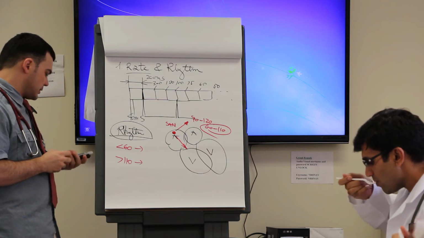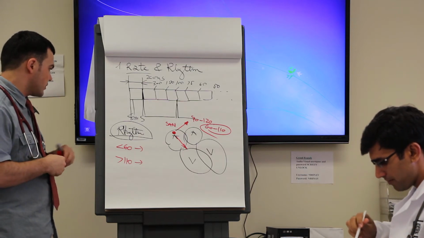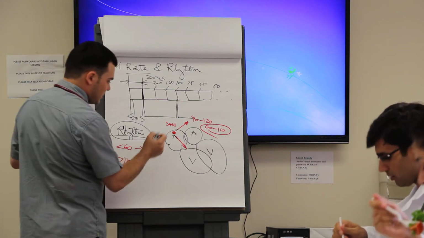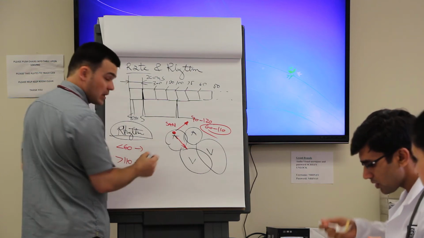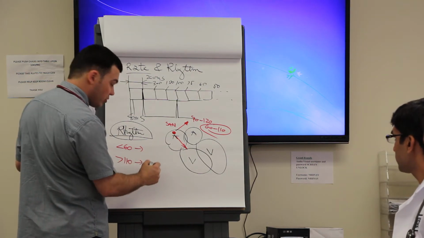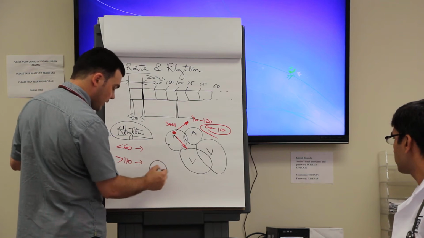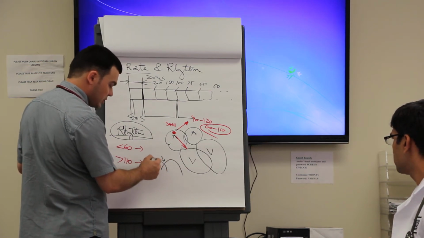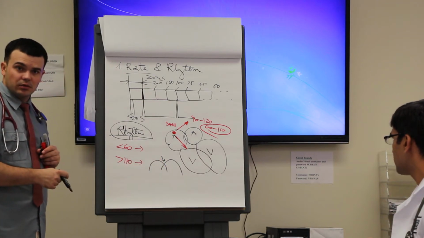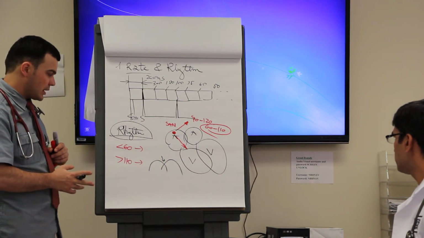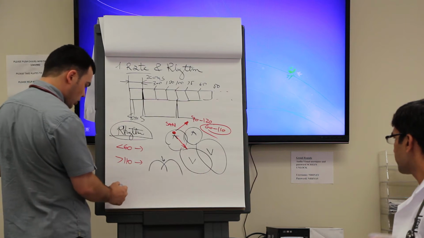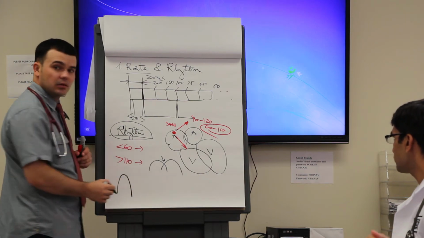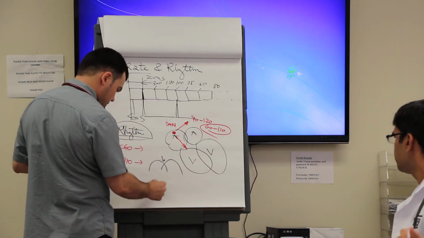So what can happen with the P wave? Because it starts in the right atrium, the first to be depolarized, and I'm just exaggerating things, is going to be the right atrium, and then the left atrium. But you're not going to be able to discern this notch here. So there are a couple of things that can happen. The P wave can be tall, or the P wave can be long.